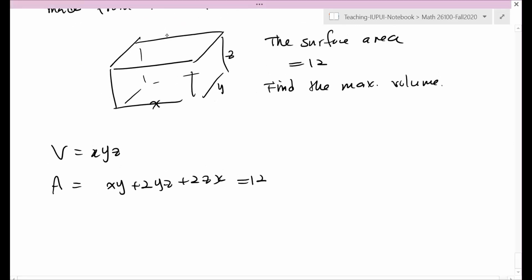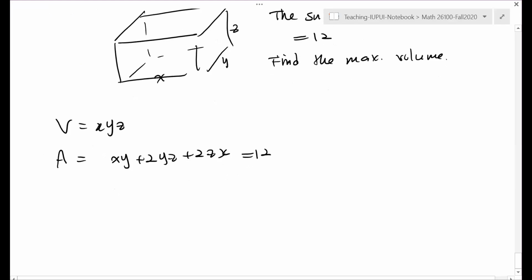Now we have to solve this problem. All right, so we have to find the gradient of v. v is a function, so the gradient of v is going to be yz, xz, and xy, right?